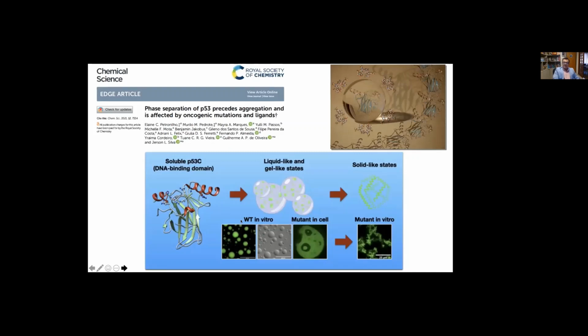More recently we found, in similar work to what Sarah just presented, that p53 can go through these different states. That was work done by different people in the lab, with Guilherme and different postdocs, and we could find that it transits from liquid states eventually to gel-like and solid-like states.